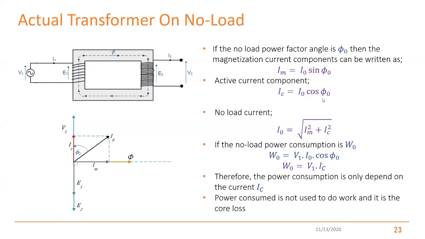I naught cos phi naught is the active component of the no load current, so we can write W naught as V1 into IC. Therefore, the total power loss occurs due to this wattful component. That is what we discussed earlier.